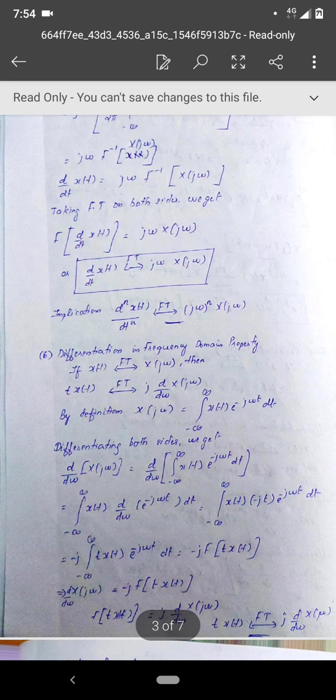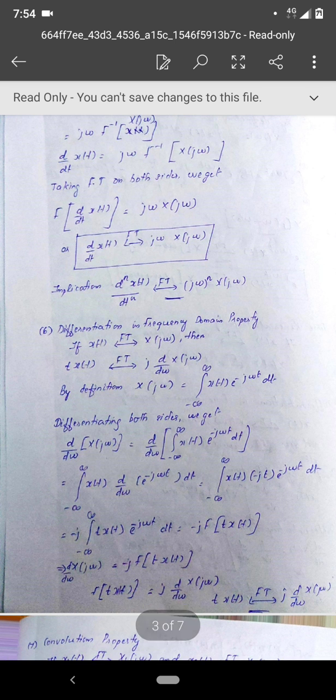Now coming to the sixth property. In the fifth property, we did differentiation in time domain. And what happens if you do the differentiation in frequency domain? So frequency domain differentiation is done after performing the Fourier transform. If x of t leads to X of j omega, then what is the Fourier transform of t multiplied by x of t?